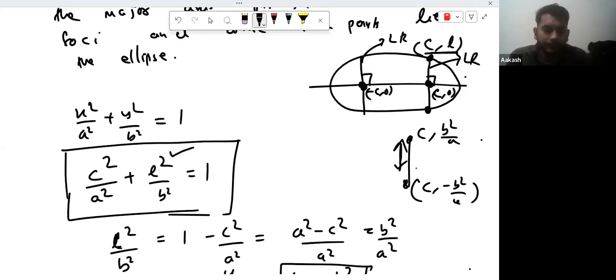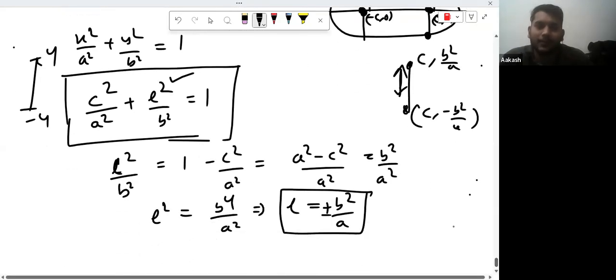What will be the length of LR? B square by a square? No. See, the upper y coordinate is b square by a, the lower is minus b square by a. If I say this is 4 and this is minus 4, the distance between them is? The y coordinates go from 4 to minus 4, how much will we travel? 8, right?